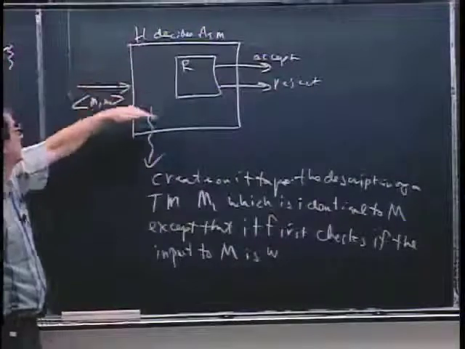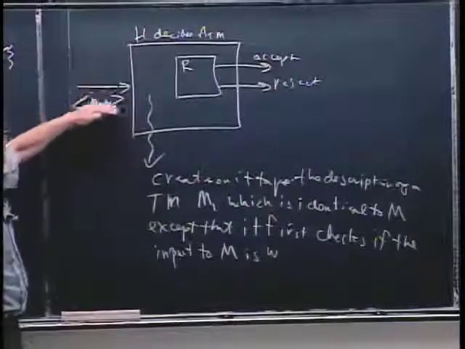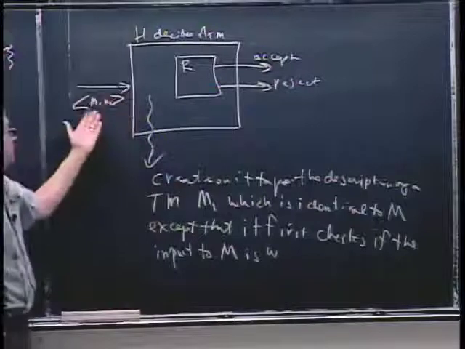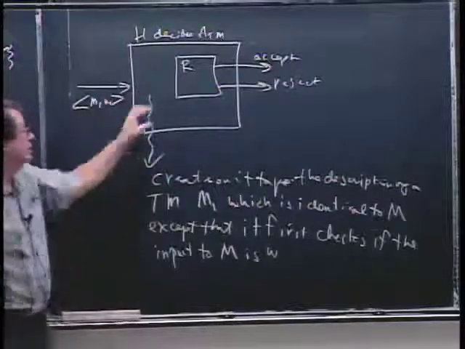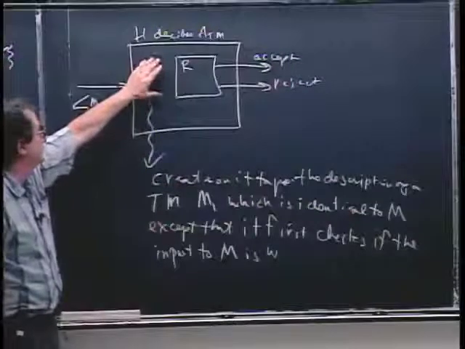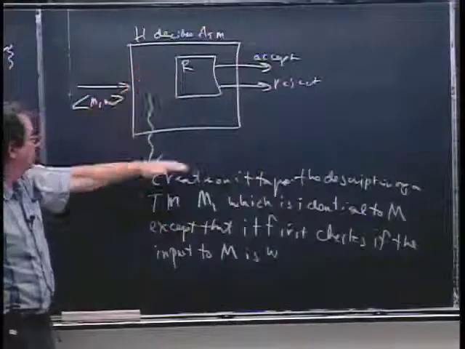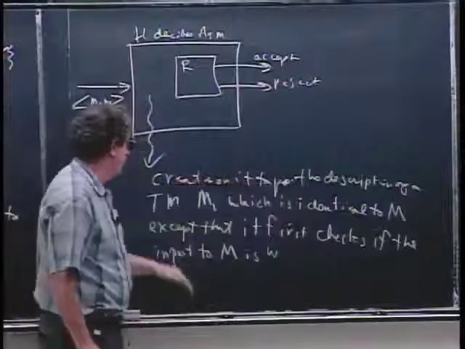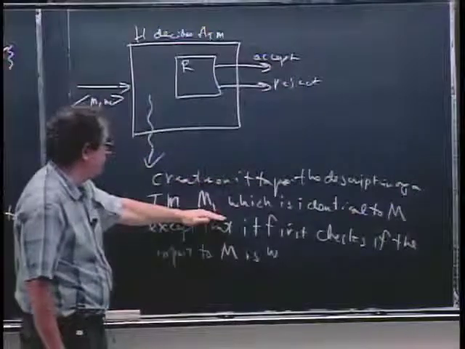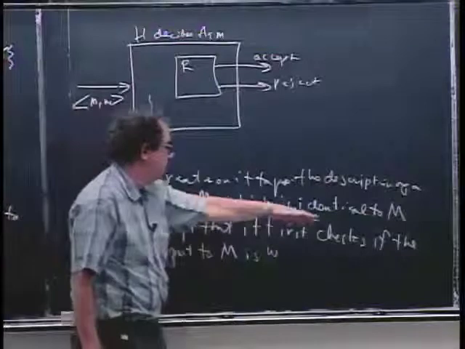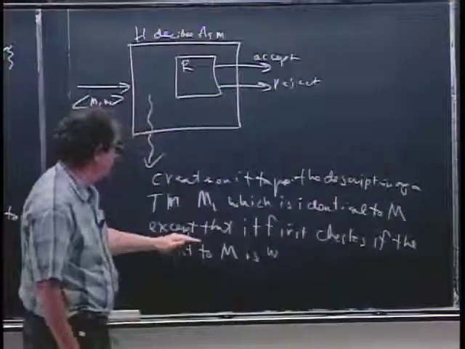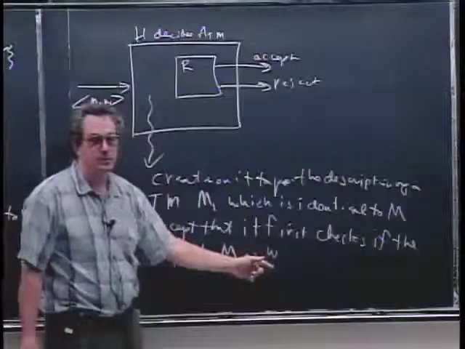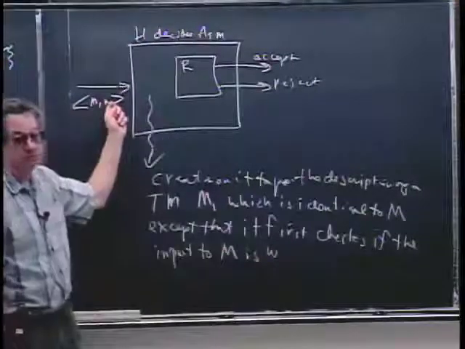H is a Turing machine which is going to be able to take in an arbitrary pair MW. But having taken it in, it knows what M is, it knows what W is. So what you want in here is the machinery to then create on its tape a description of a Turing machine M1, which does the same thing as M, except first it checks if the input to M is W. It has W in its hand at this moment.